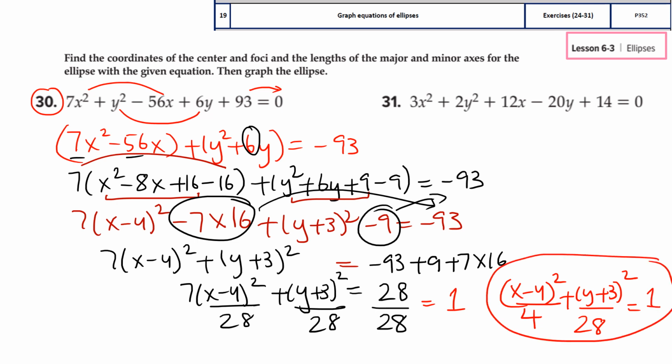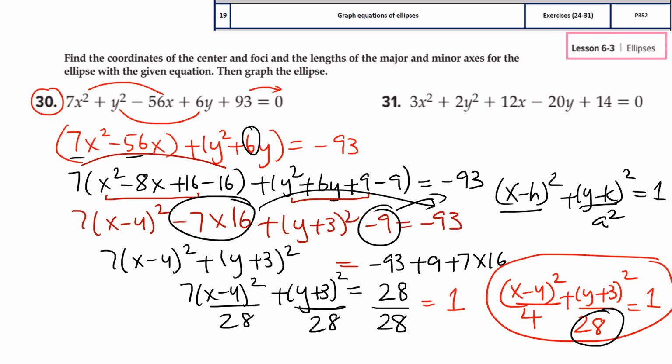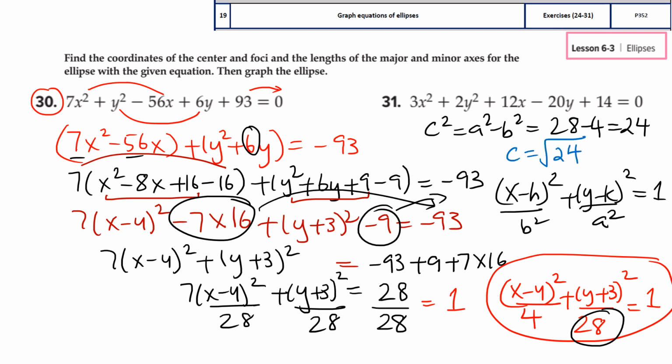So once we got standard form, we can compare. Now look at the denominator. Which one is bigger? This one. So this is a square. This is b square. So use c square equal to a square minus b square. 28 minus 4, which is 24. So your c is square root 24.